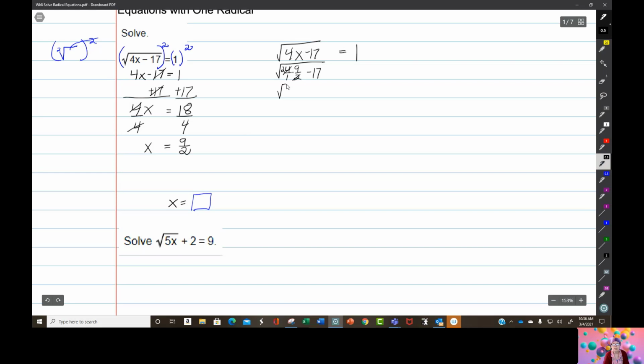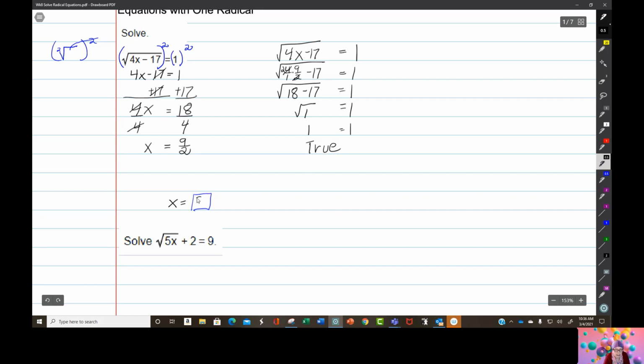Still under the square root sign we'll have 18 minus 17, which is going to be the square root of 1, which is 1. So this happens to be true, which is a good thing.